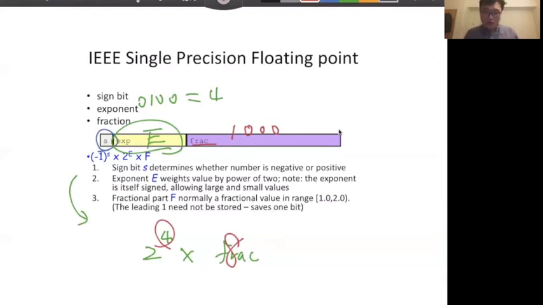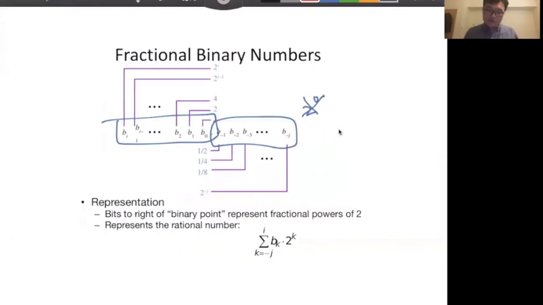So this is one way to represent bigger, smaller, or more complicated real numbers in a limited number of bits. It's a little bit different from what we had before. Before, we used each bit to represent one power of 2, like 2 to the 3, 2 to the 5, 2 to the negative 1.